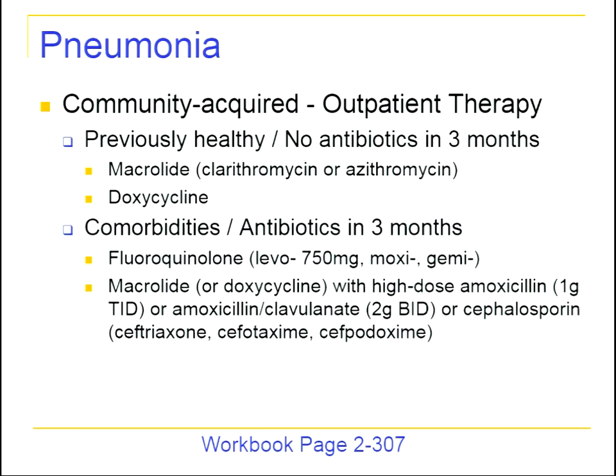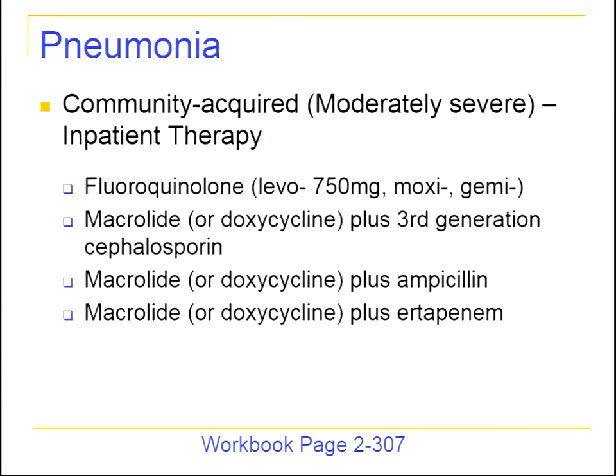So a respiratory fluoroquinolone or a macrolide with either high-dose amoxicillin, high-dose amoxicillin clavulanate, or a cephalosporin, and there's some cephalosporins that the guidelines list. So this is community-acquired pneumonia as an outpatient, not as an inpatient.